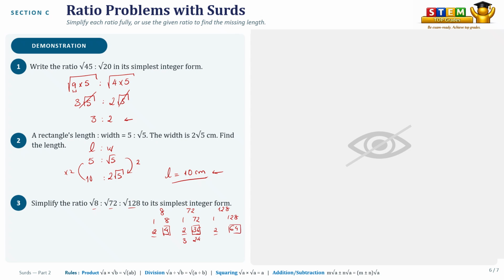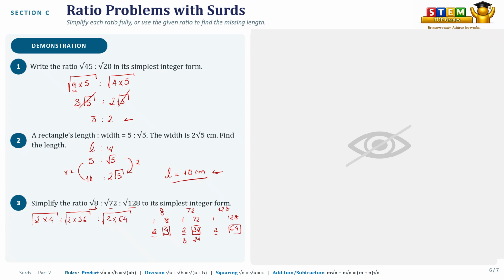So here we go. We're going to write the first term. First one is root 8. So root 8 is simply 2 times 4. Then you got 2 times 36. And then you got 2 times 64.